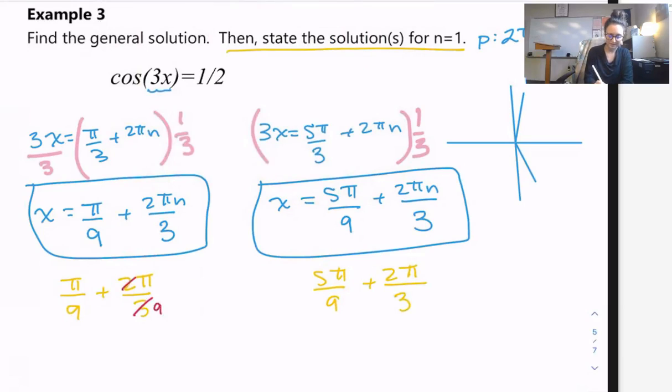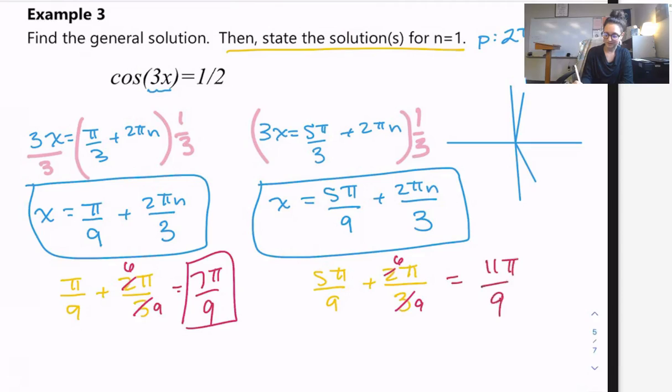That gives me 9 in the denominator, 6 in the numerator, so 7 pi over 9 here. Similarly here, multiply by 3. So add your numerators across now, you get 11 pi over 9 here, okay? So the blue is the general solution, and then the red is the particular solution for n is 1.